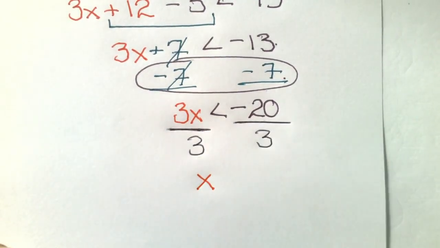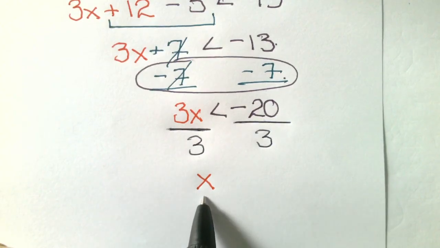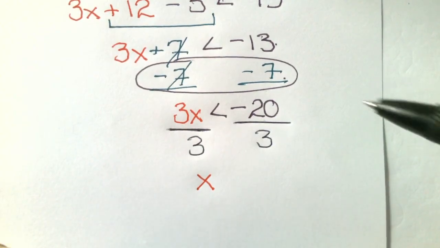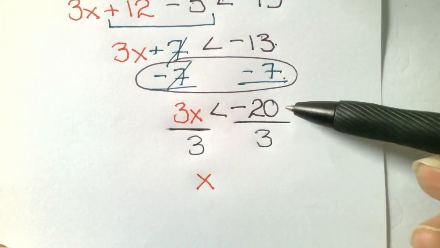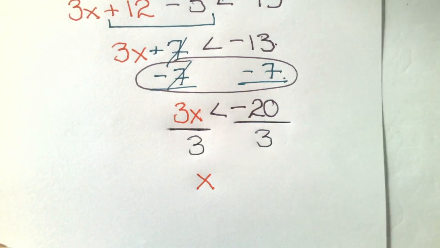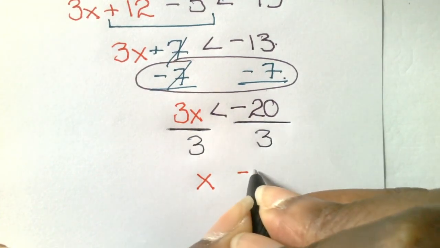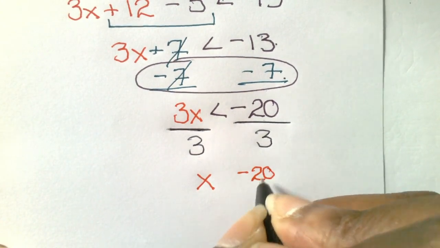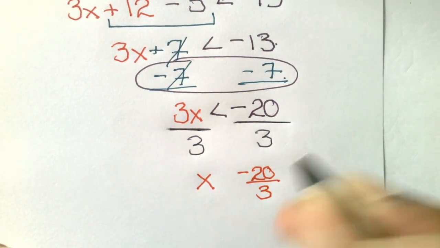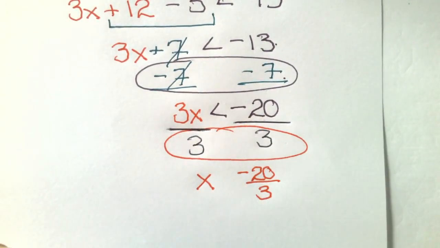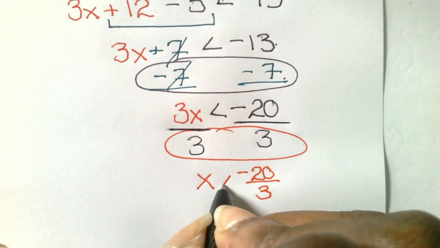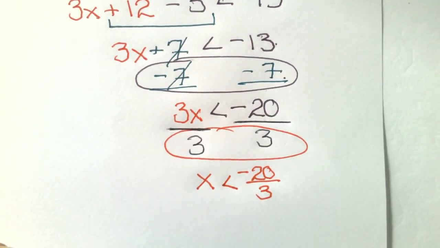In this case, 1x and x mean the same thing. And we can keep it as negative 20 over 3, or negative 20 thirds. But since we divided by a positive number, our inequality sign will stay in its direction.